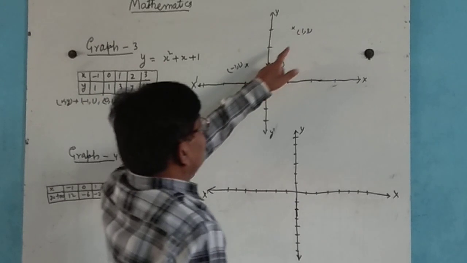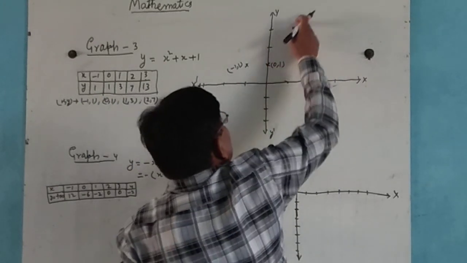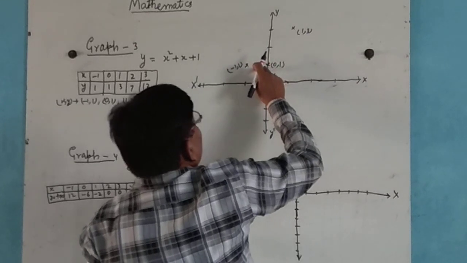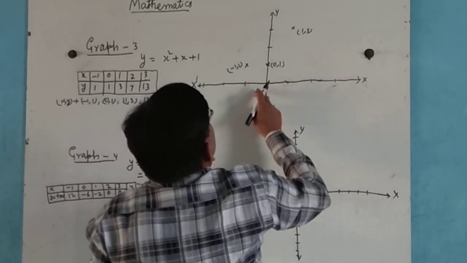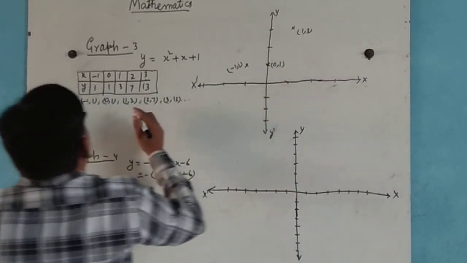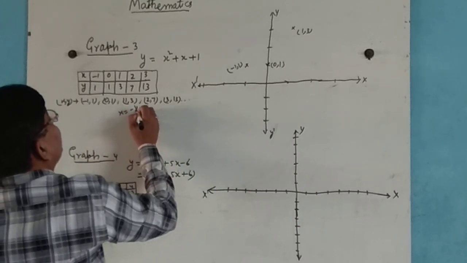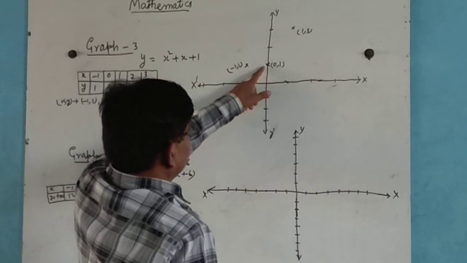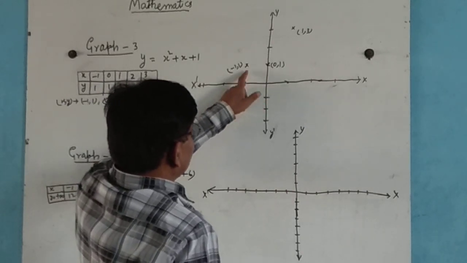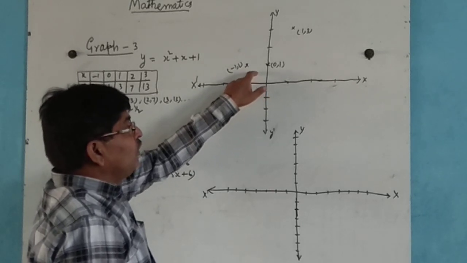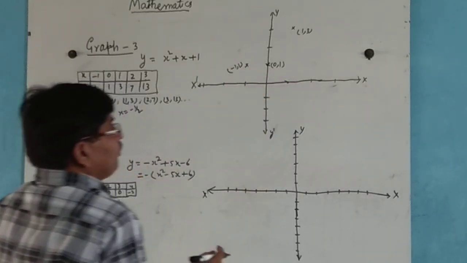Our graph is coming from here, and after that this point and this point. If you take x equal to -half, the graph comes low or up.